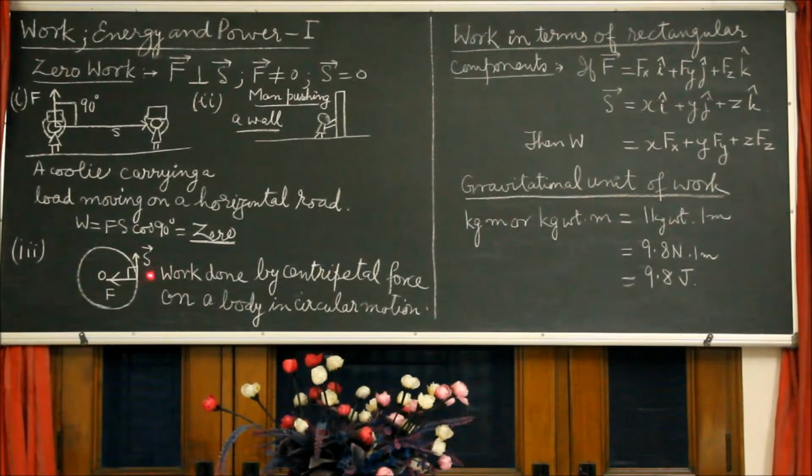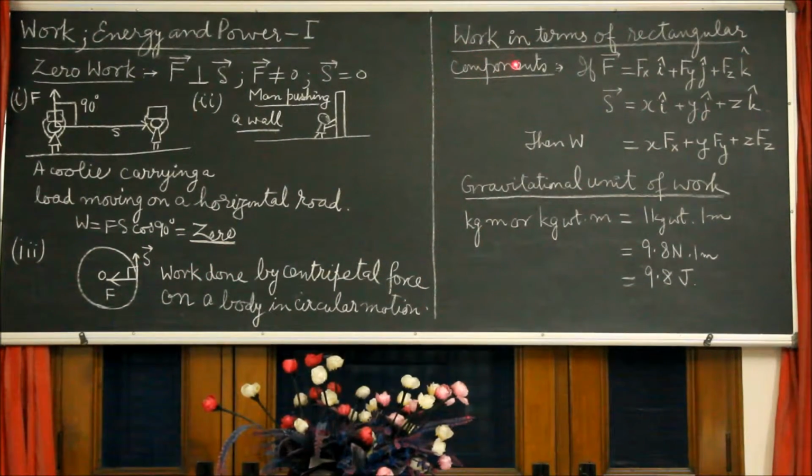Another example of 0 work is the work done by centripetal force on a body in circular motion. Here we have a body in circular motion. The centripetal force F acts towards the center along the radius, whereas the body moves along the tangent. The velocity is along the tangent, therefore displacement is along the tangent. Again, we will have the same expression, W equals Fs cos 90, equal to 0.